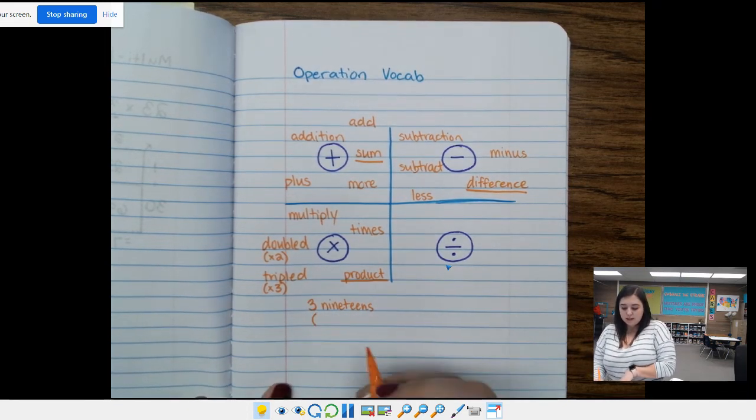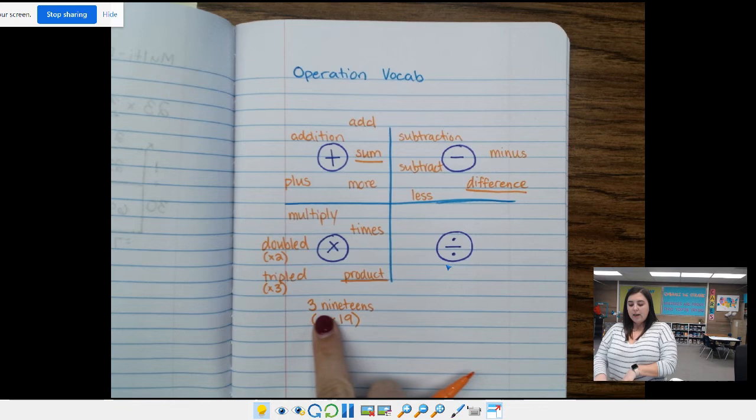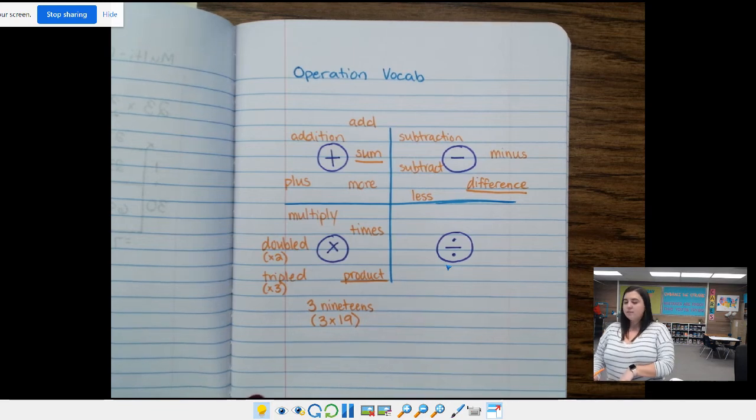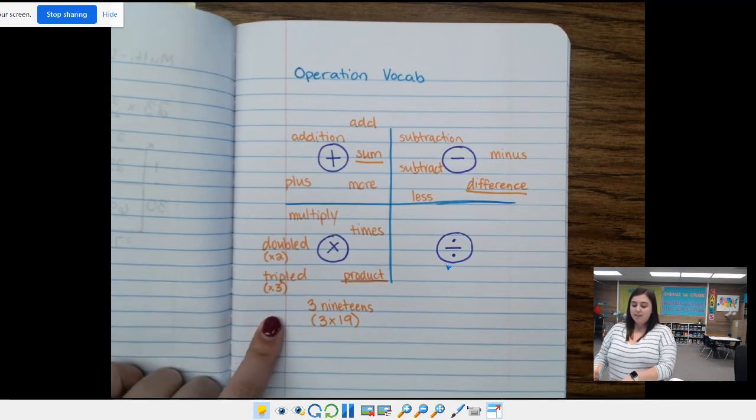What this would look like as a multiplication problem would be 3 times 19. They mean the same thing. It's just a kind of a funny way of saying it. And I'd say this is the one that has the most ways you could say it. So that's the most writing you'll do.